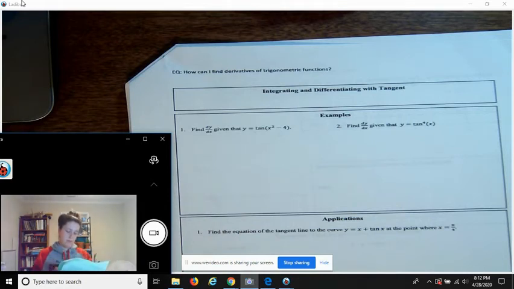It gives you the derivatives of sine and cosine, but it doesn't give it to you for tangent. That's interesting.